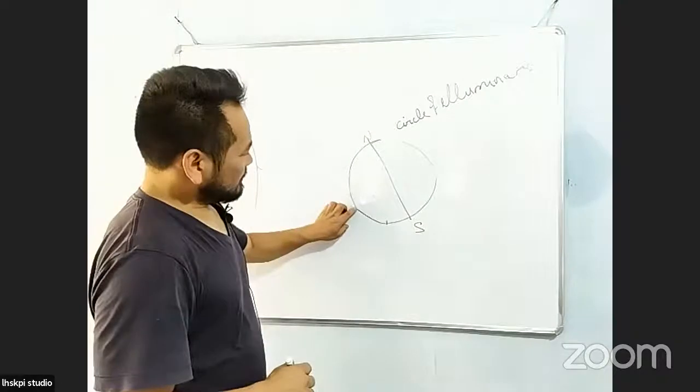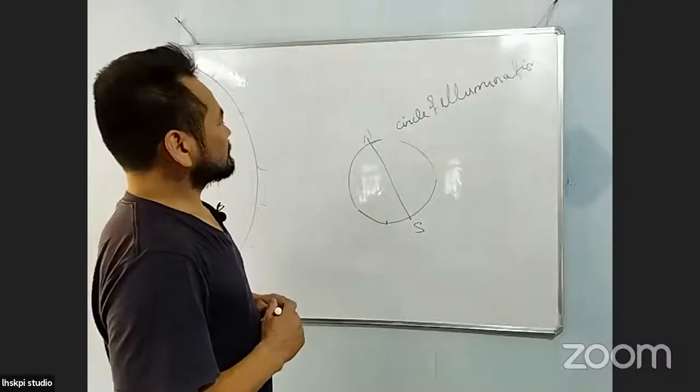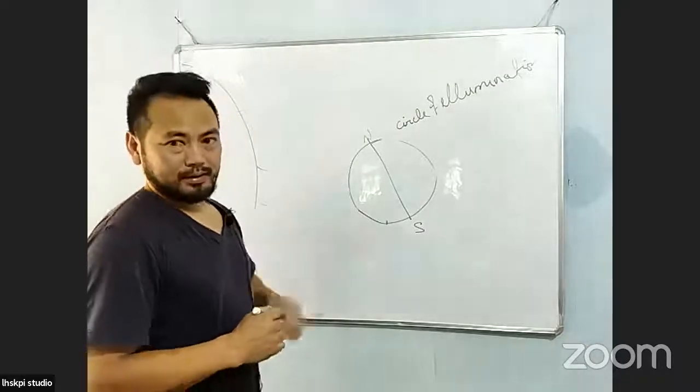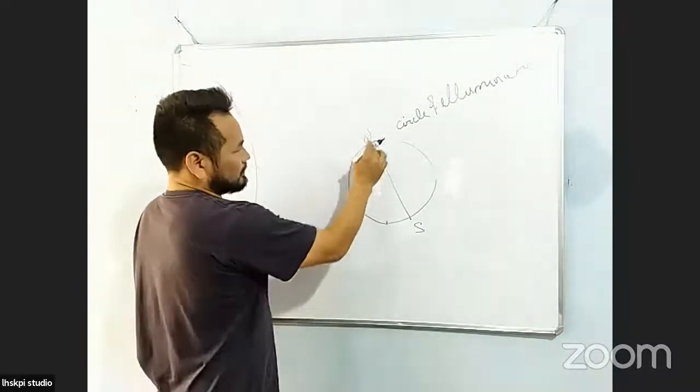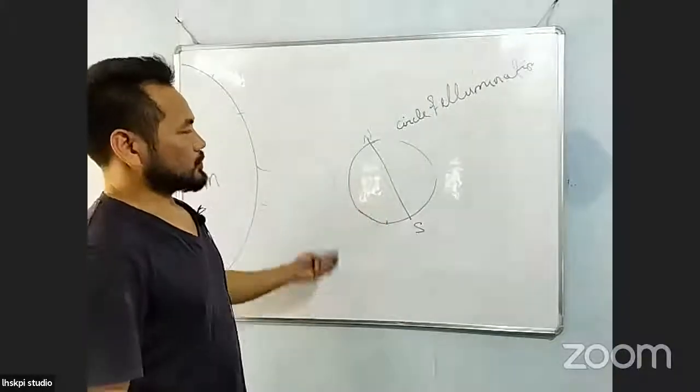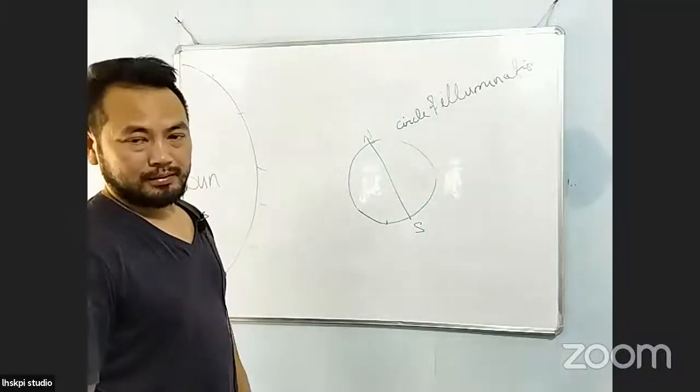And from this, you can understand which part, the north or the south, is close to the sun.